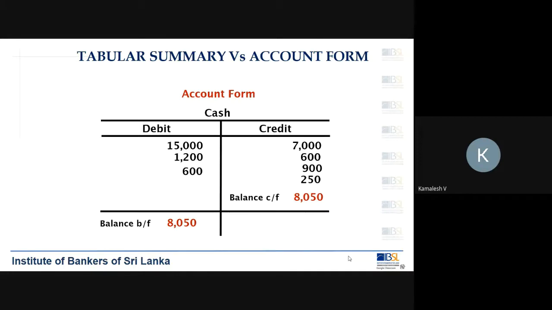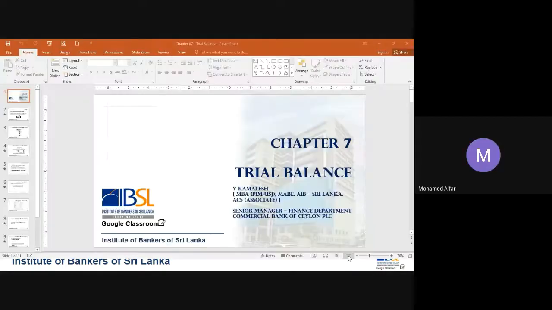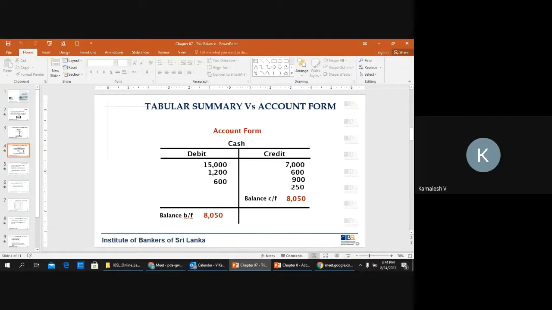Now, in this particular scenario, can you tell me whether the closing balance is a debit balance or a credit balance? What do you think? Debit balance. It's a debit balance. Very good.